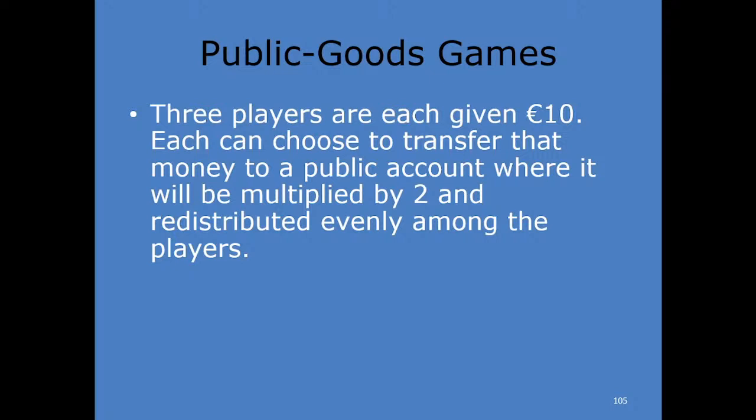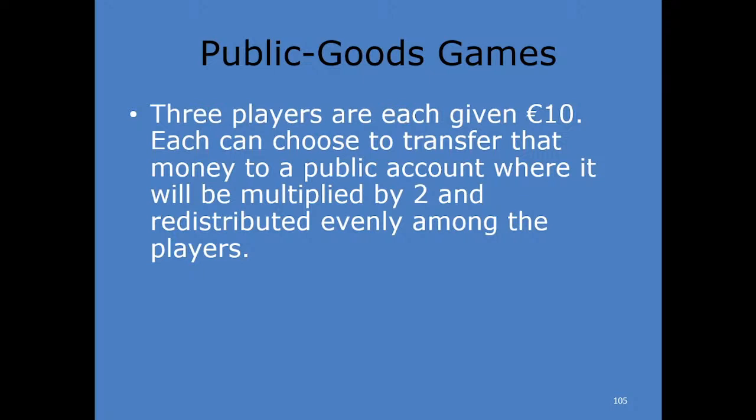Each of you is given 10 euros, and each can choose to transfer that money to a public account where it will be multiplied this time by a factor of 2 and redistributed evenly among all players, right? So each of us has 10 euros. If we keep it to ourselves, there's no social reward. If we put it in the public pot, let's say that we're all of the cooperative kind and we have preferences that allow for this, what happens?